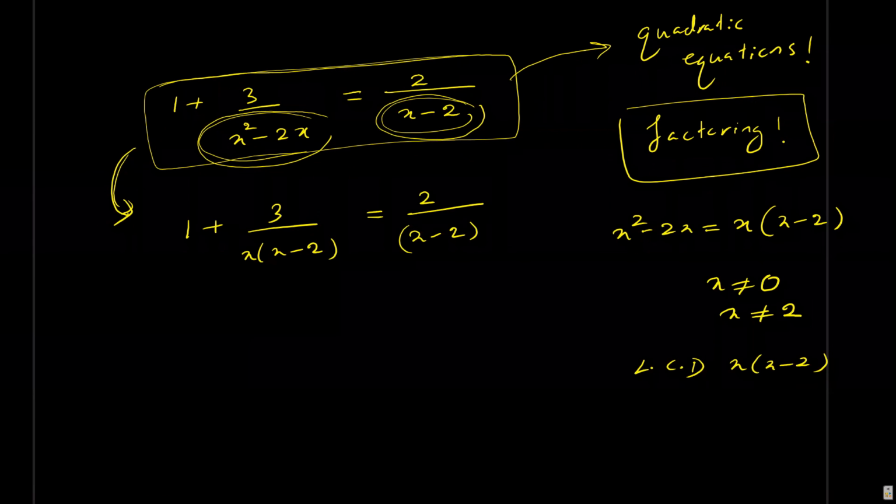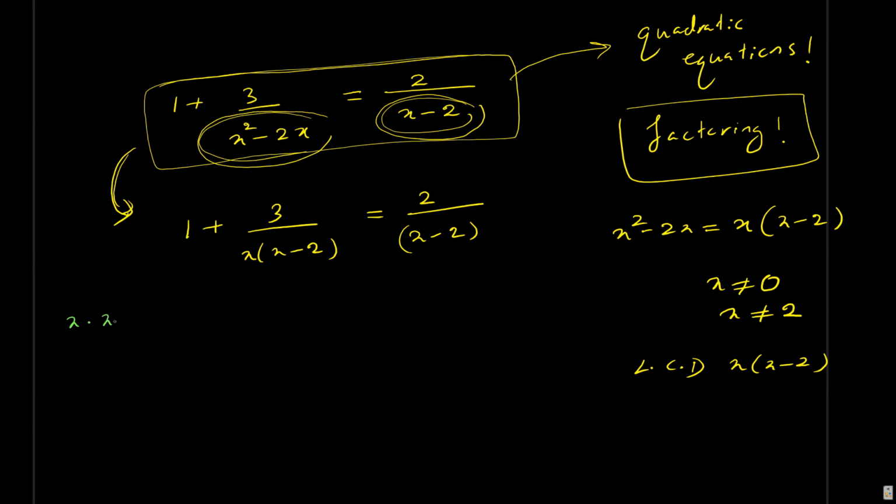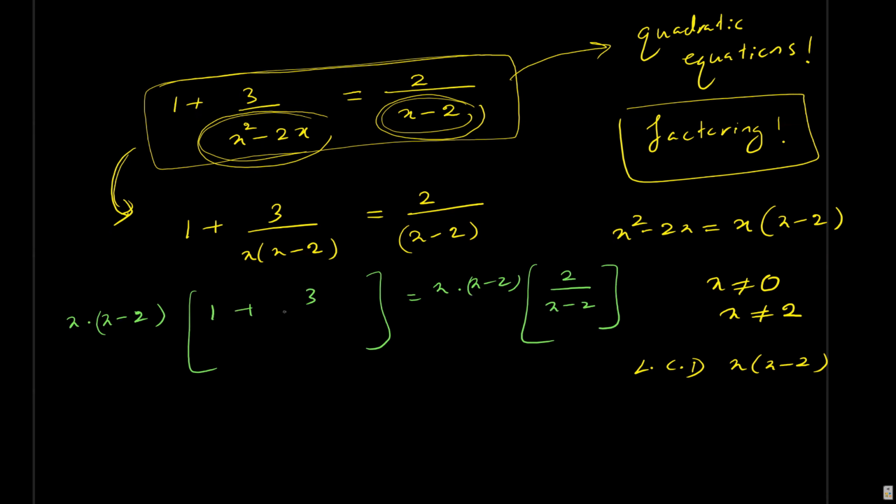Let's multiply the whole thing by that, x times x minus 2. 1 plus 3 over x times x minus 2. Again, without being lazy, write down everything one by one. So this into this, just that.